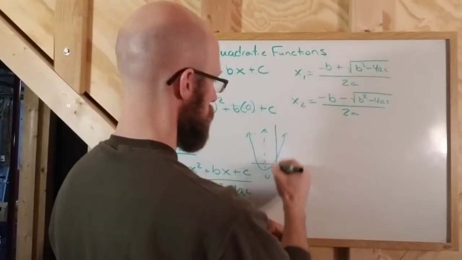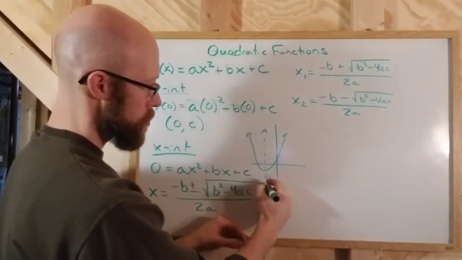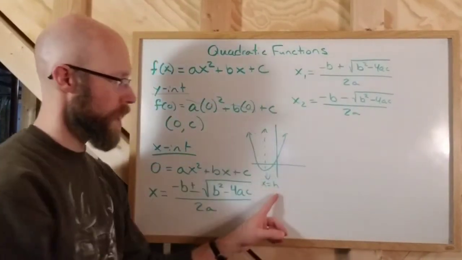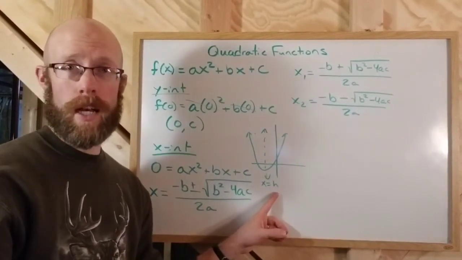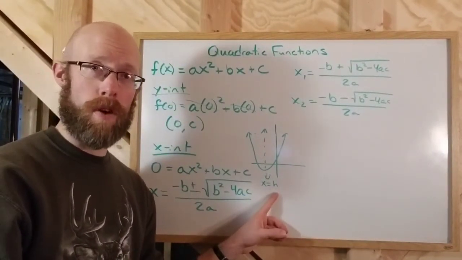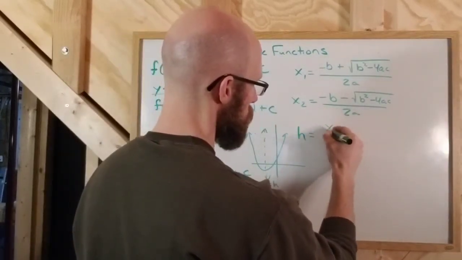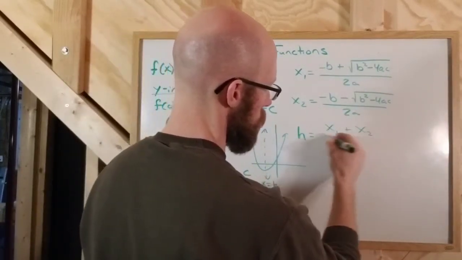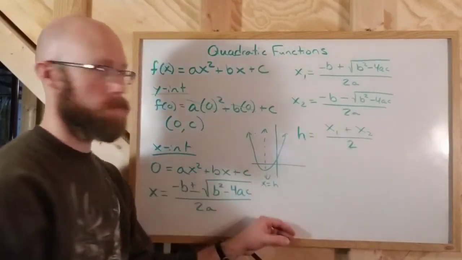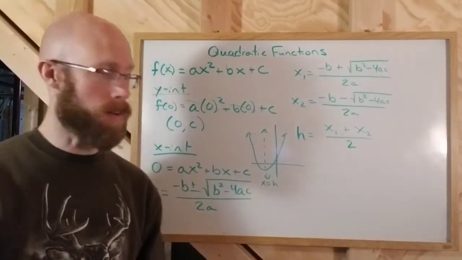And remember, the axis of symmetry is your h value from the vertex form that we talked about before. And so that h value must be the average of the two x-intercepts. So you add them together and divide by 2. That's how we take the average.